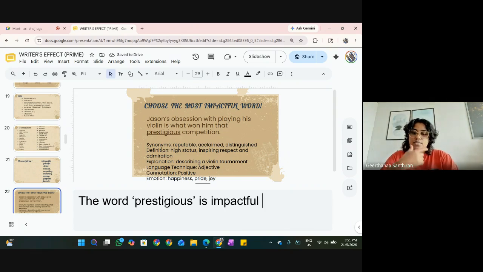So yes, let's write our synonyms first. I'm not very particular about the order of things. At this point, you want to just create logical, good sentences that flow, that make sense as you read them. So if you want to just do synonyms, you can even be very obvious by mentioning that it's a synonym. You can just say is impactful as it is similar to, right? I'm basically giving away that these are synonyms.